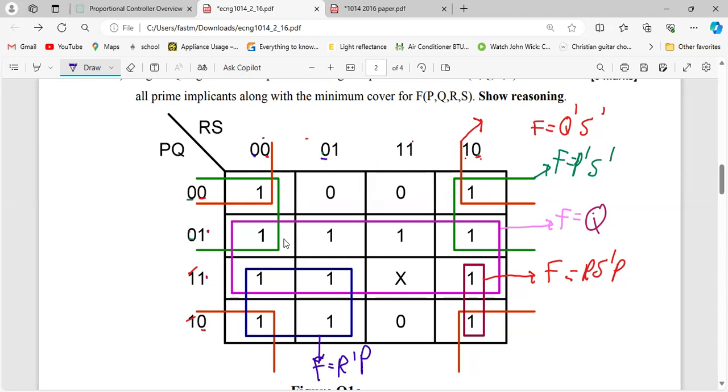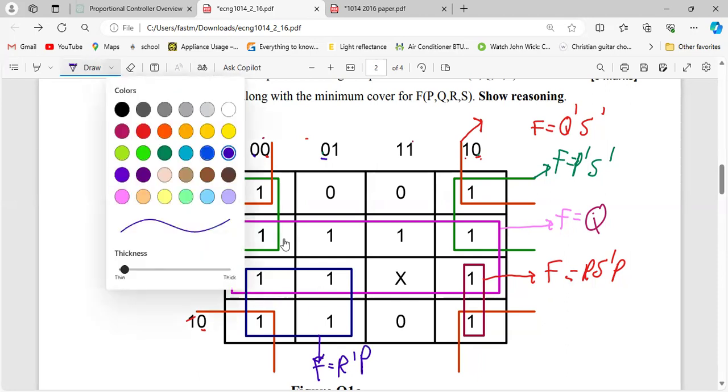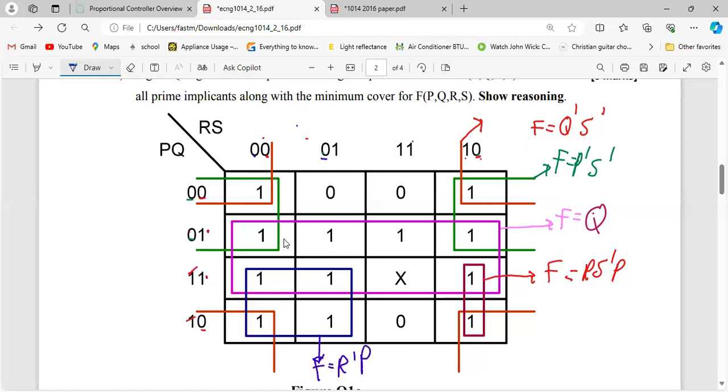All right, and from here, we get the minimum cover. The trick to get the essential prime implicants is you're just looking for the boxes that have a one that isn't covered by any other box. If you meet a box where all the stuff is covered, you will just pick the box that covers the most ones.